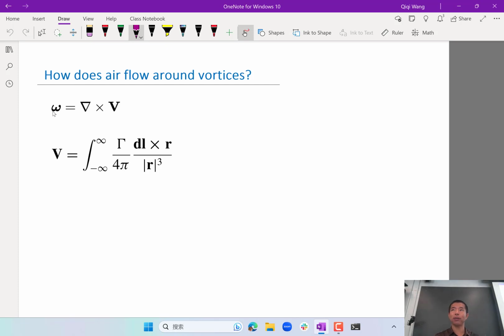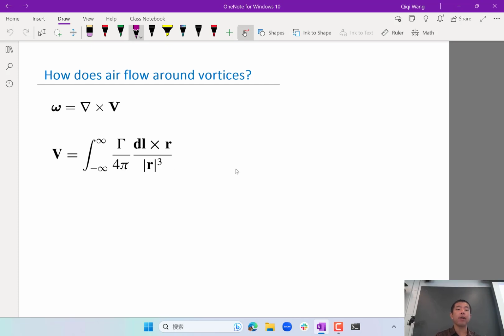And in this lecture, we'll look into more consequences of the fact that vorticity cannot end, right? We'll look at what is the consequence on the dynamics of vortices. In particular, how does a vortex change its orientation in a non-uniform flow field?